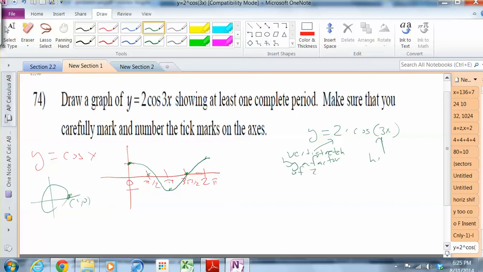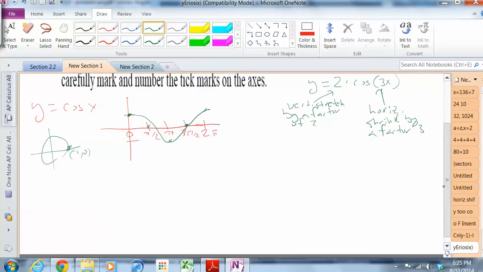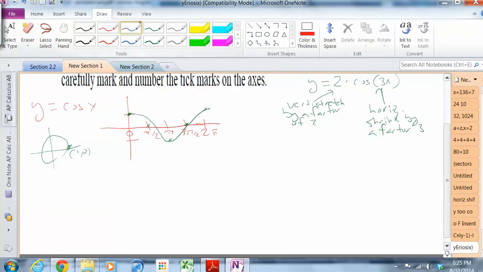That's a horizontal shrink by a factor of 3. So I'm going to increase my amplitude, I'll draw a graph in blue, to 2. Now there are no horizontal or vertical shifts, so we don't need to worry about that.